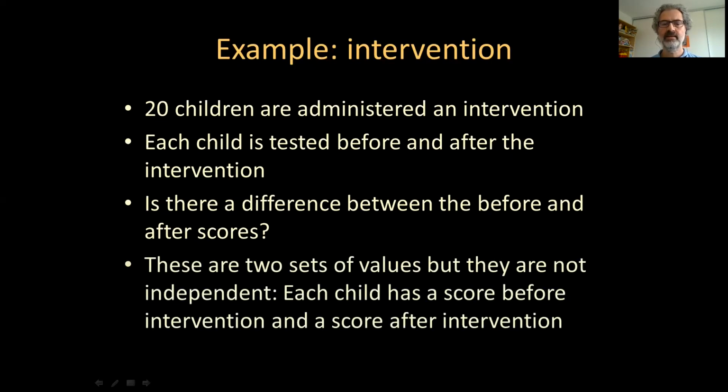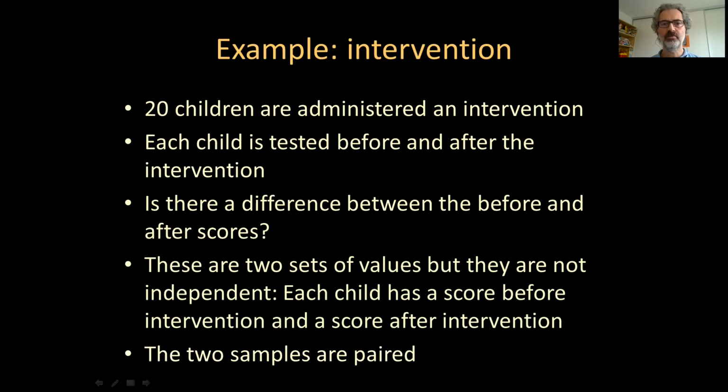They're dependent because although there are two sets of values, it is the same children that have values in both samples. It's not two different groups. It's one group of children, and each child has a score in each sample, in the before and the after. So the two samples are paired.